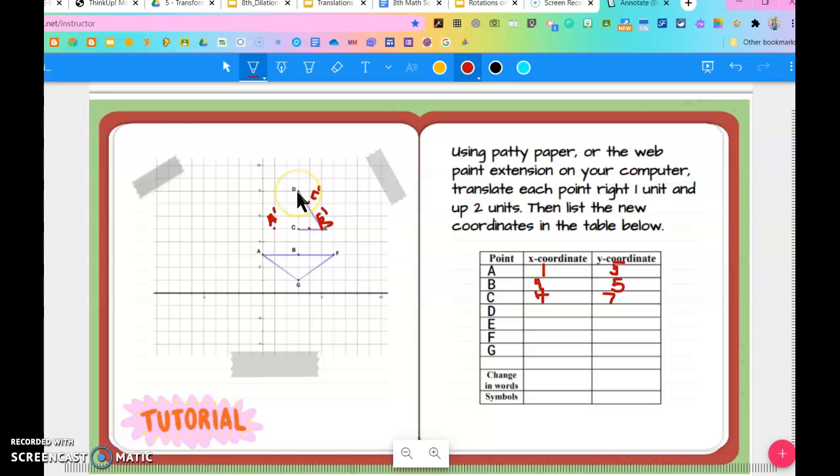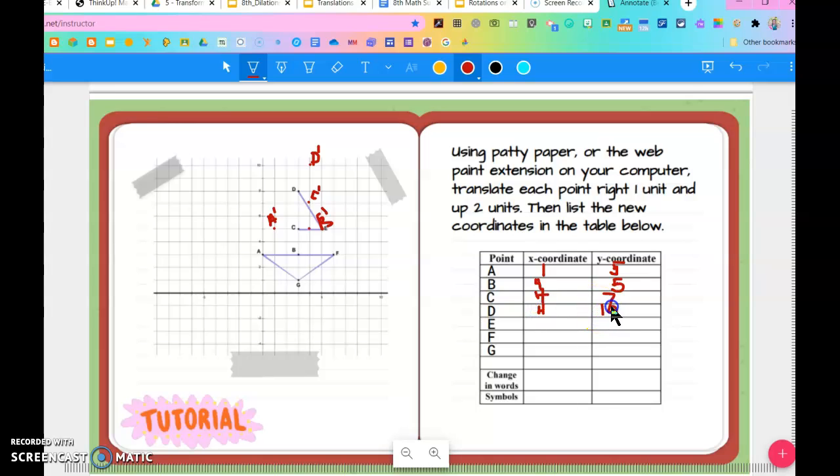D coordinate started at 3, 8. So when I take it 1 to the right and 2 up, it is now at 4, 10. So my new point over here is going to be 4, 10.